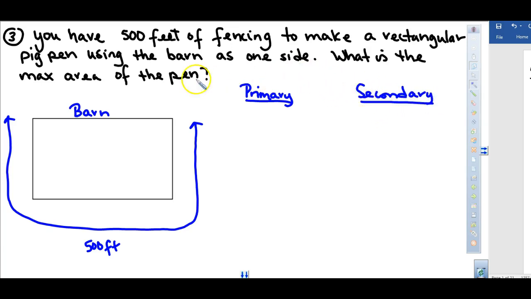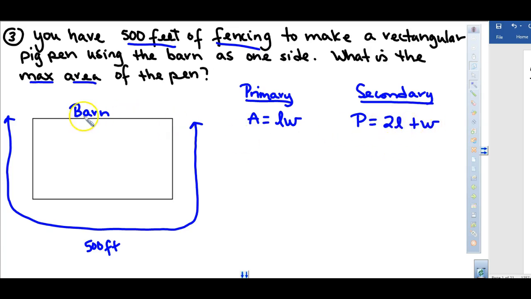So it wants to know what is the max area. So my primary equation is going to be length times width. My secondary equation, well, when you put up feet of fencing around a rectangle, that refers to perimeter. So they're giving you information about the perimeter, so that's going to be your secondary equation, which is only going to be 2 times the length plus whatever the width is.